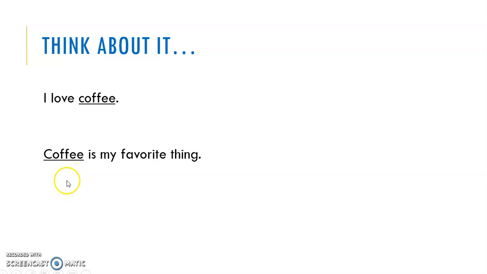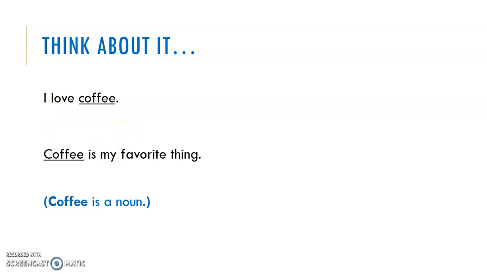And if we think even more basically about what kind of word coffee is, well, we know that coffee is a thing, right? So we'd say that it is a noun. And most of the time in any sentence, the subject or the object is going to be a noun.